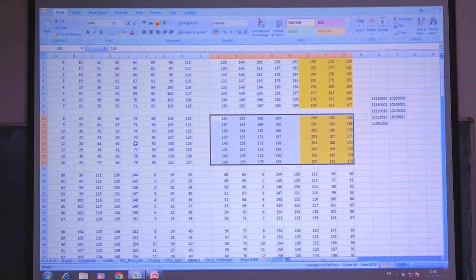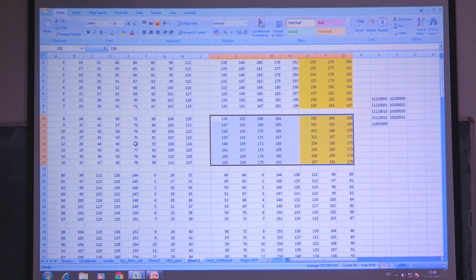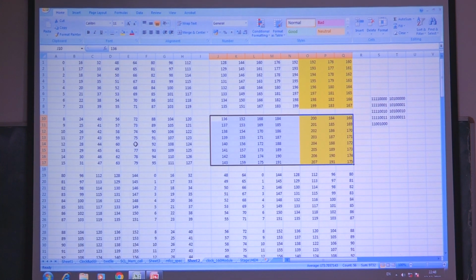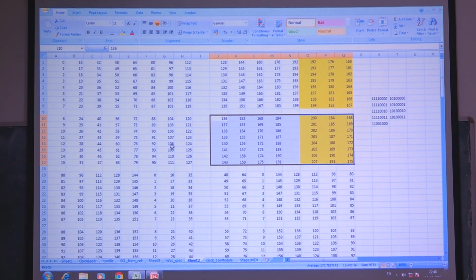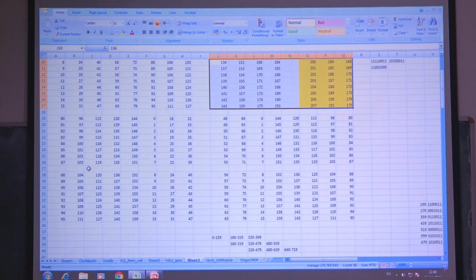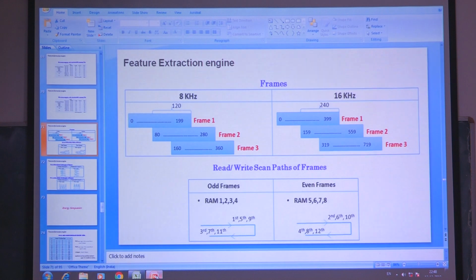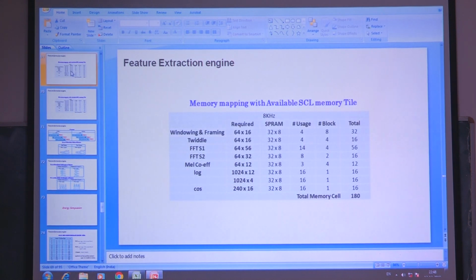So the algorithm we have proceeded with now requires a dual port RAM, which will give effective processing and performance. But if it is a single port RAM, this performance will get degraded. Again, the number of memory tiles will increase. So for the odd and even frame, a total of 8 memories are required initially, as we discussed.